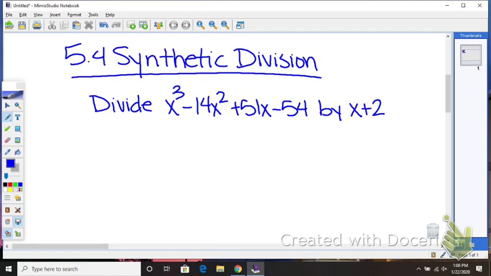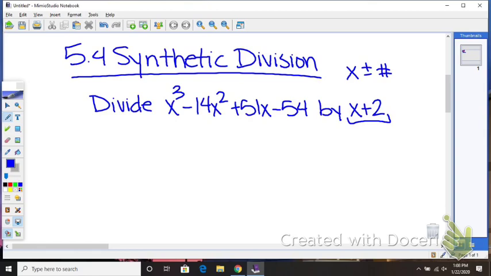We already know how to do it long division, or we're getting to know it. But synthetic division only works when you're dividing by something like this, where you have an x, it could be plus or it could be minus, and then a number. So in other words, you can't use synthetic division when you have like 2x plus 4. You could do it when you have x plus 4 or x minus 4.